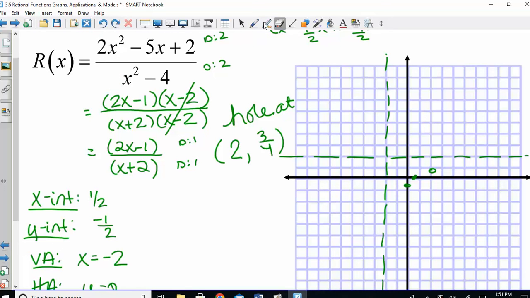Okay, when you go to graph it on your calculator, it does not matter if you do the original or the reduced. So I'll just go with my original, parentheses around top and bottom.